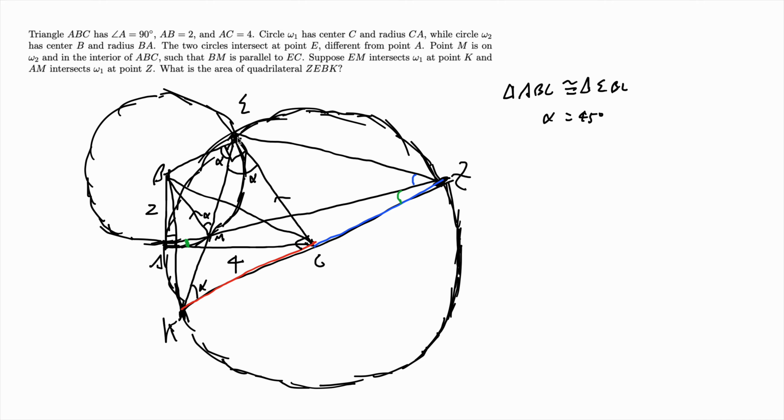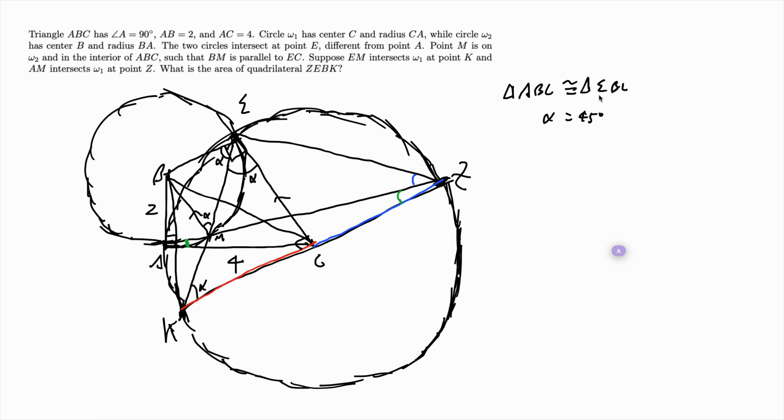for this angle, let's consider the chord AE. Based on chord AE, we know that because C is the center of the circle, ACE is twice the angle of AZE. That's what we learned in school. So 2 theta, and this is theta. So I just use this property, and using that we get this 2 blue.